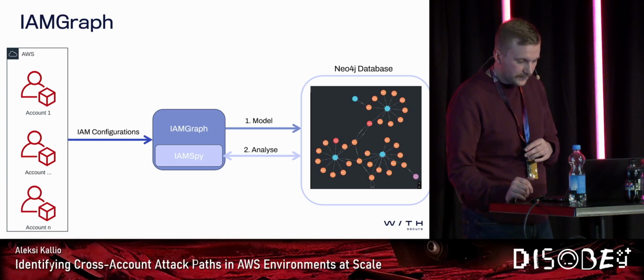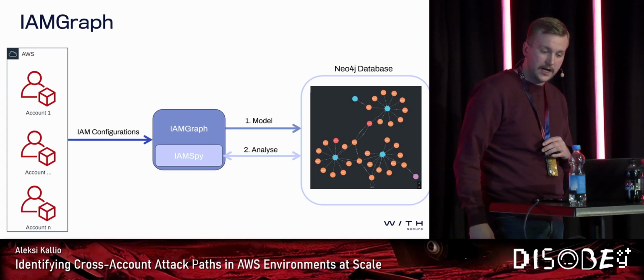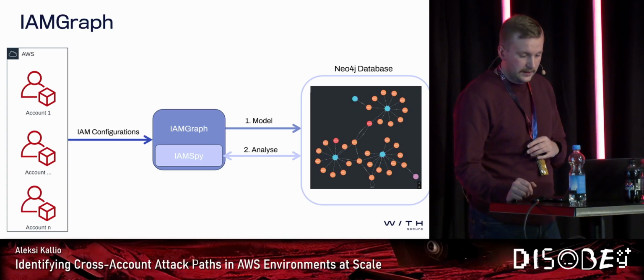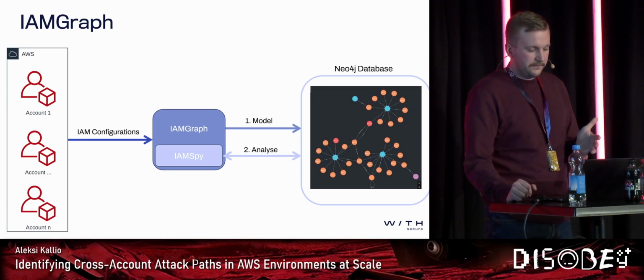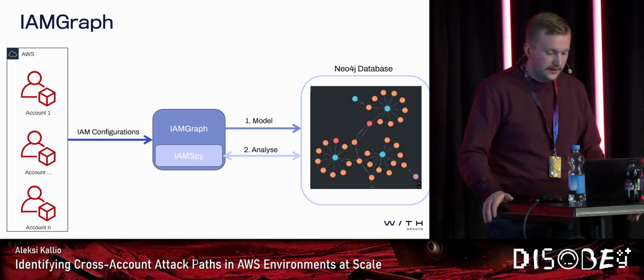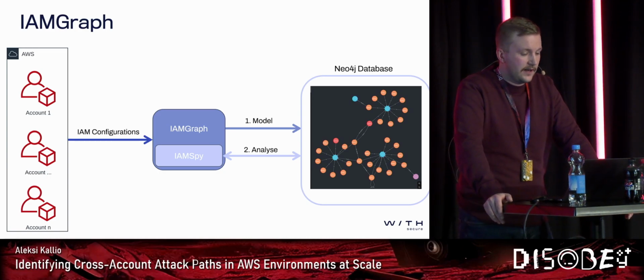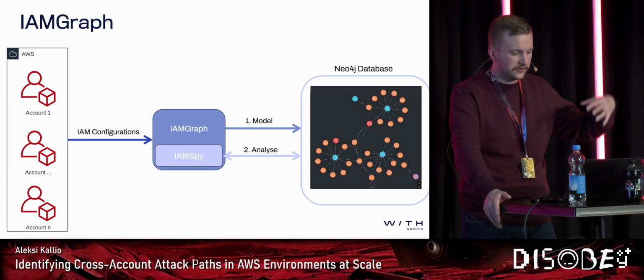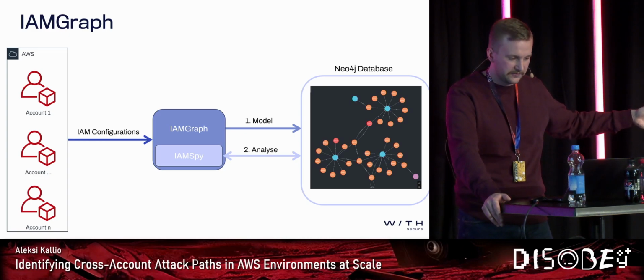So this is, at a high level, how IAM Graph works. It works offline against the data collected from the target environment. There are the accounts on the left-hand side. It works with the output from the AWS CLI command get account authorization details. So in order to use it, you need to first collect that data from all of the accounts in your environment that you are interested in.